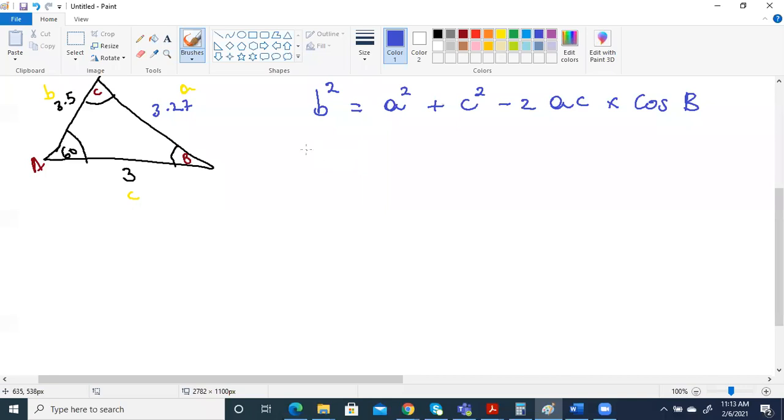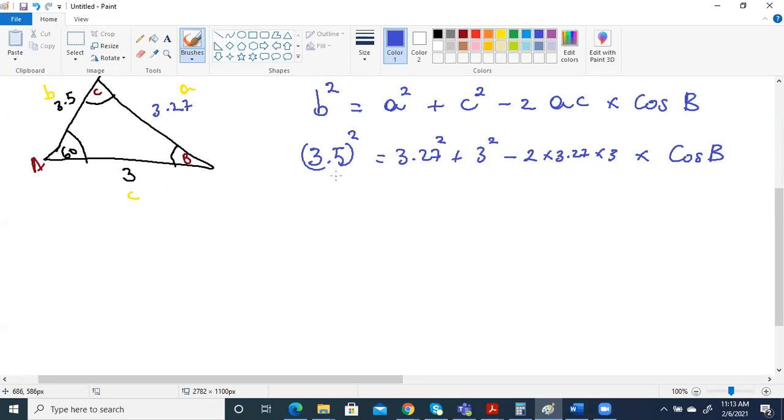B is 3.5, so it's 3.5 squared equals A squared, A is 3.27 squared, plus C, which is 3 squared, minus 2 times 3.27 times C, which is 3, multiplied by cosine B. All right. So that is where we are now.